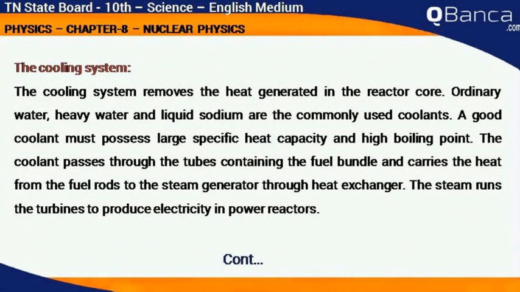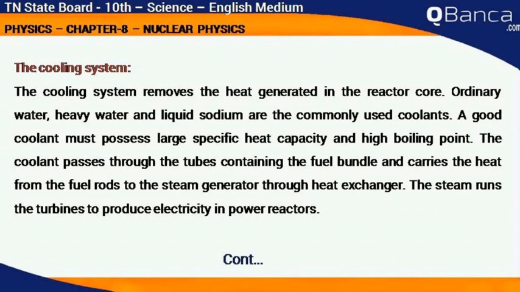The cooling system. The cooling system removes the heat generated in the reactor core. Ordinary water, heavy water and liquid sodium are the commonly used coolants. A good coolant must possess large specific heat capacity and high boiling point.